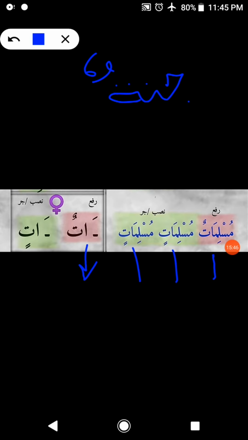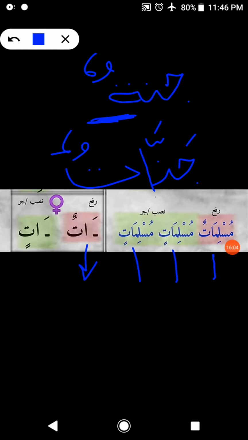This word Jannatun is one of those ghair aqil asma. It means a garden, by the way. So what's going to happen? You are simply going to remove this round ta and add the suffix: jannatun, gardens.